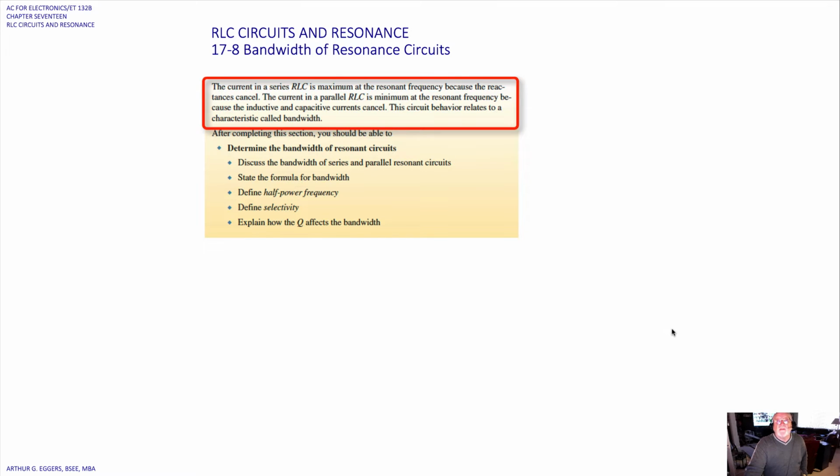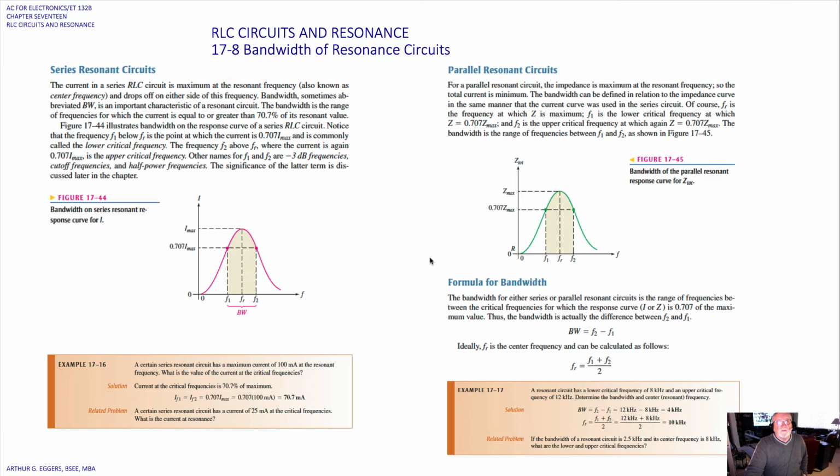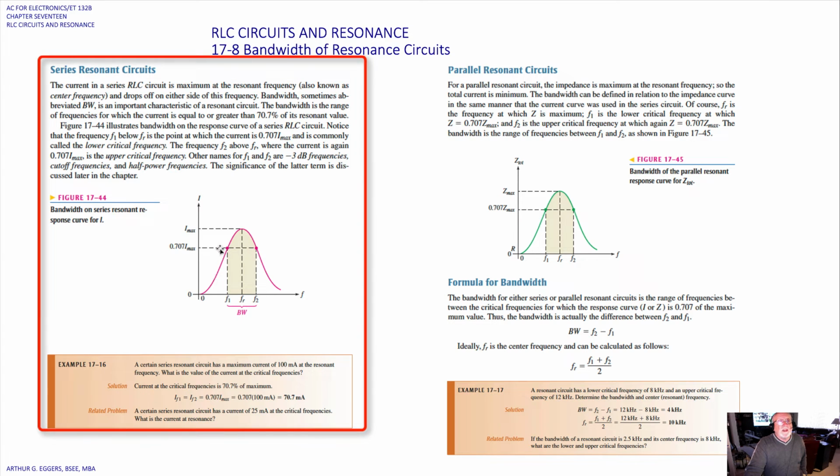This circuit behavior relates to a characteristic we call bandwidth. In series and parallel resonant circuits, we have what we call F1 and F2. Those are below and above the resonant frequency, and that gives us a bandwidth.